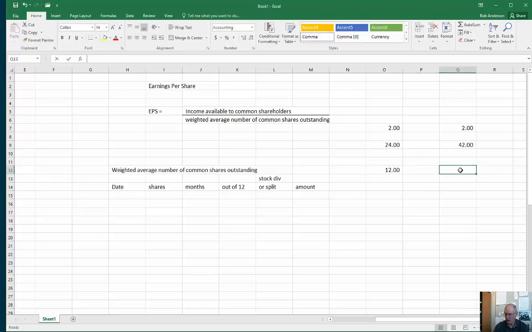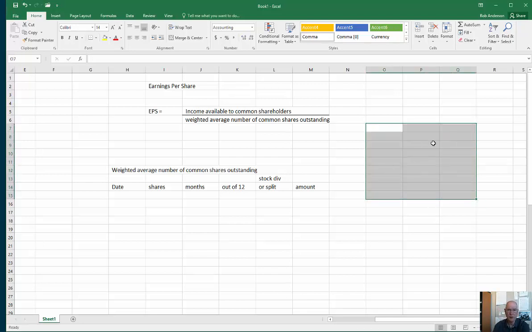With this company, you're paying $21 to earn $1. And we would think that the prospects for this company are much better than the prospects for this company, or why would you pay almost twice as much for $1 of earnings, right? So this is how earnings per share ties into the stock market.